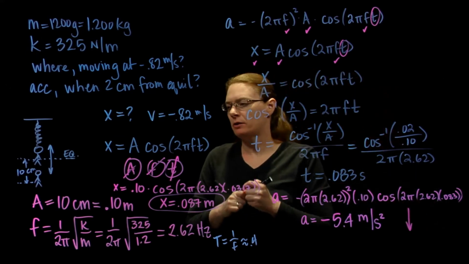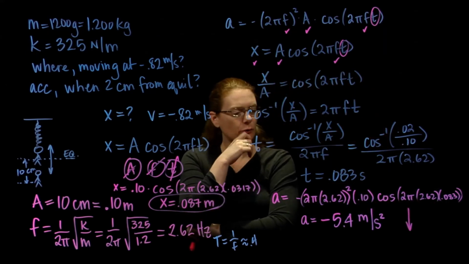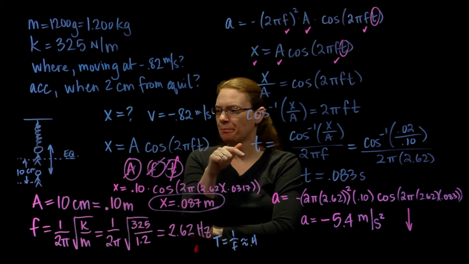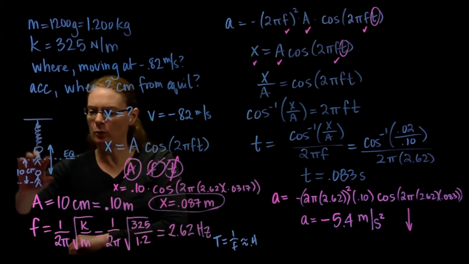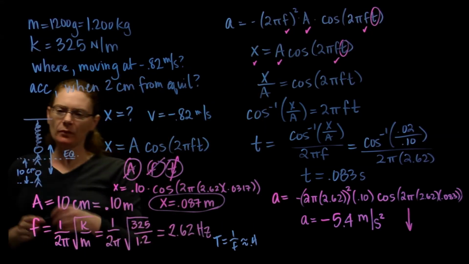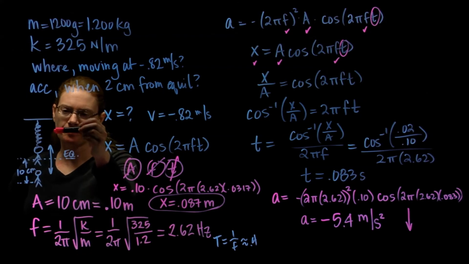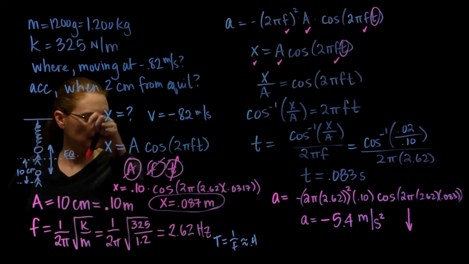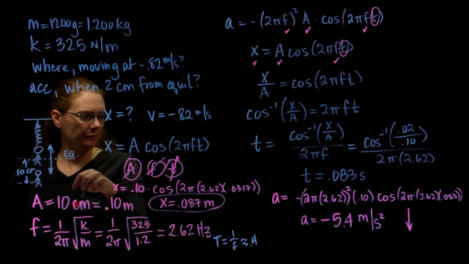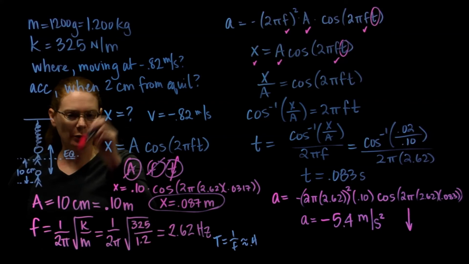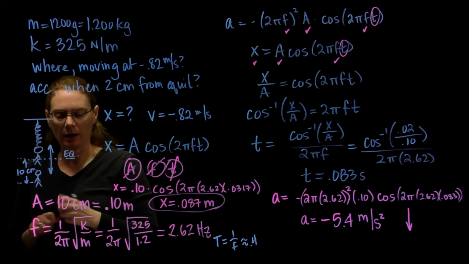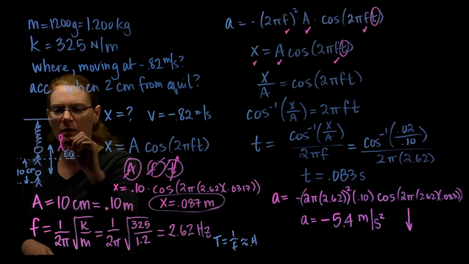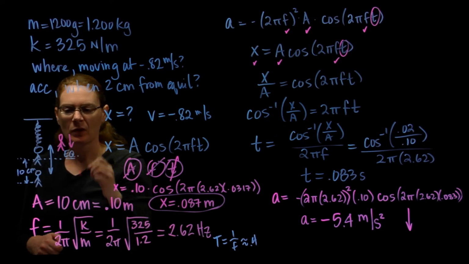You might ask yourself conceptually, if we're accelerating downward, where are we? Are we going to be above equilibrium or below equilibrium? Well, when we're above equilibrium, we're speeding up until we hit equilibrium, and then we slow down. So if we have a downward acceleration, we need to be speeding up going down, which would be, yep, up here, moving downward.